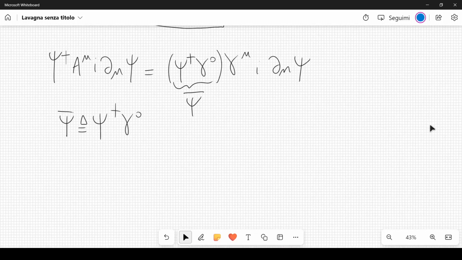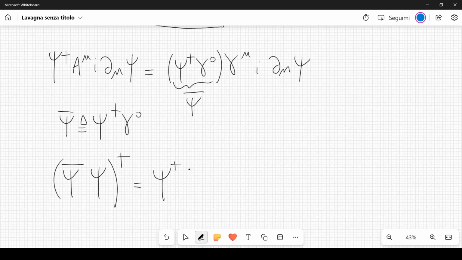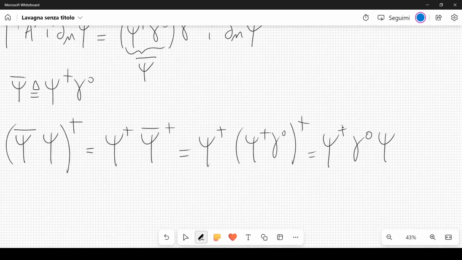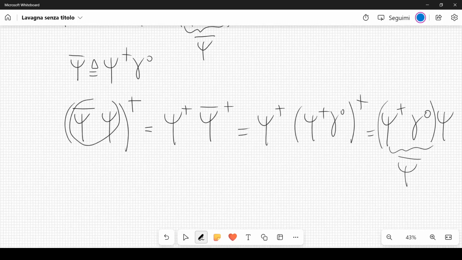And let's also check that psi bar psi is invariant if we just take the dagger of this. So if we take the dagger, we get psi dagger gamma 0 dagger psi, which is psi dagger gamma 0 psi. But psi dagger gamma 0 is none other than psi bar. So we see that indeed psi bar psi is invariant with respect to this dagger operator.